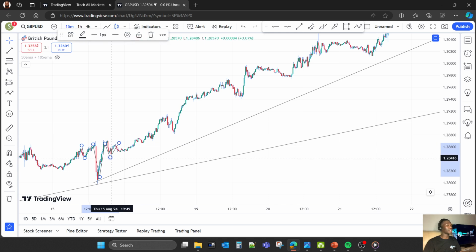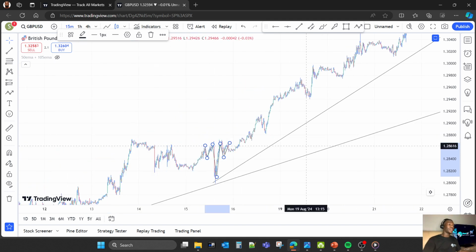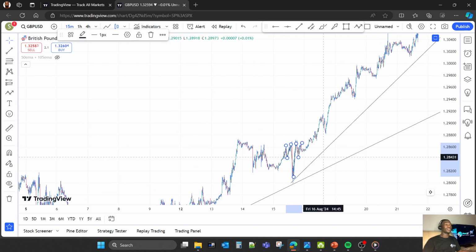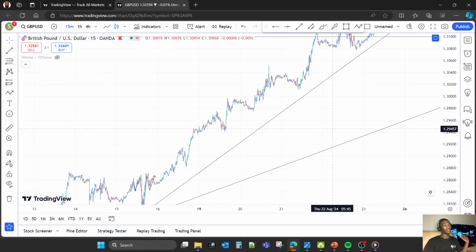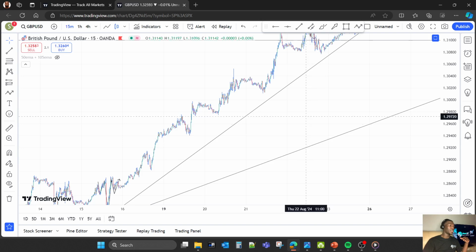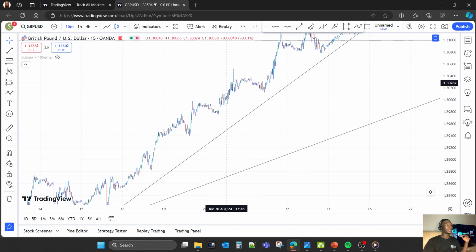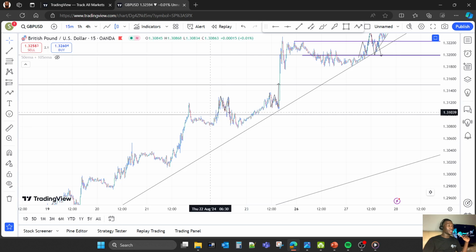Your entry will be somewhere here. Then you enter for a buy, and then the market is already going up. So already these chart patterns help you to know when you are supposed to enter or supposed to exit your market. So that's how it goes when it comes to chart patterns, right?